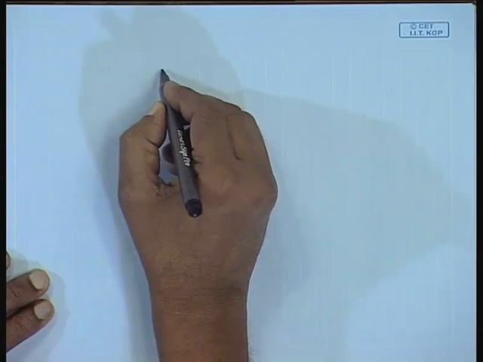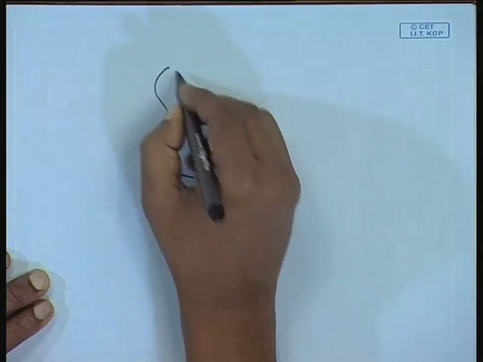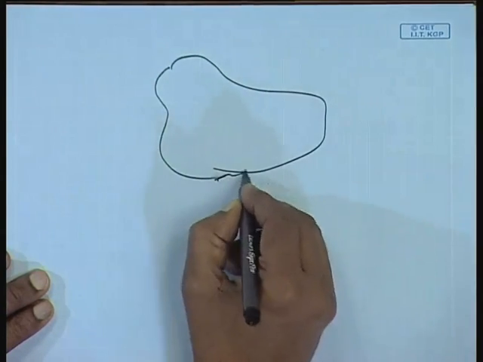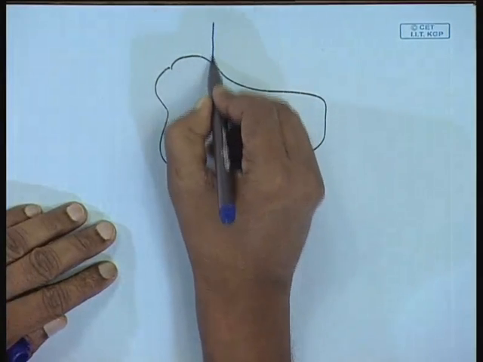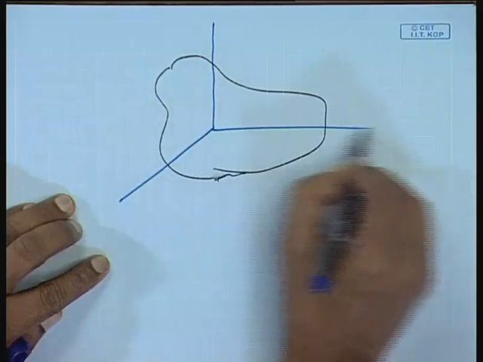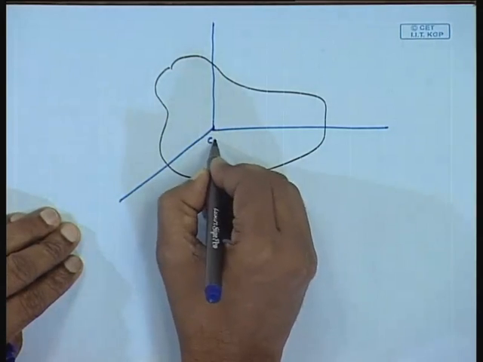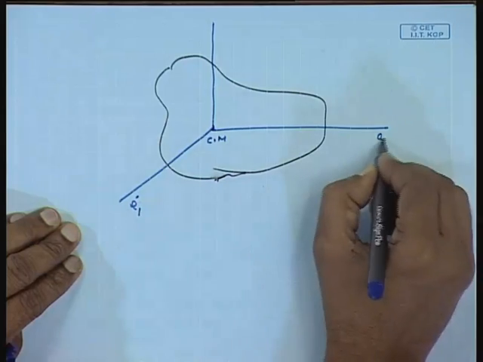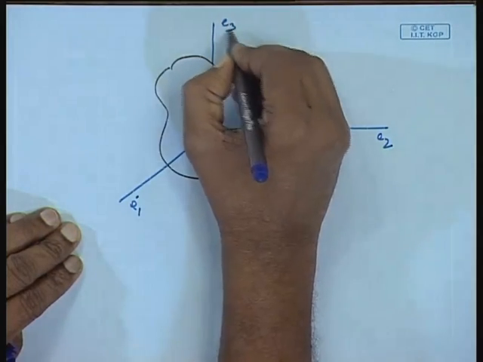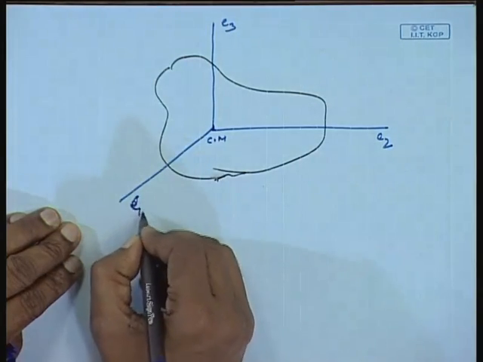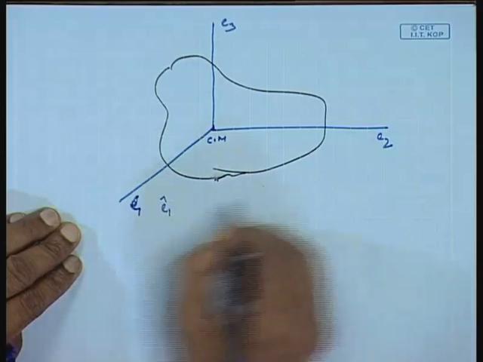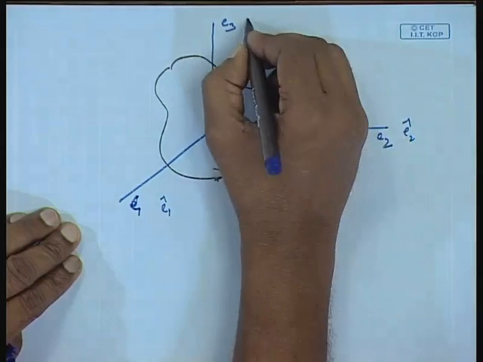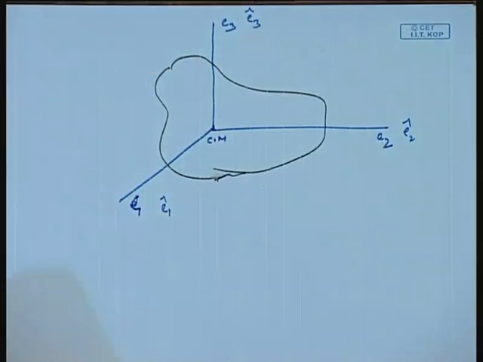You can consider it in a way, say this is your body in which you have set a body frame at the center of mass, where you are showing the axes, and the unit vectors in these directions are E 1 cap, E 2 cap and E 3 cap. These are the unit vectors.